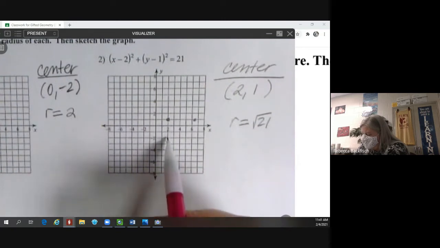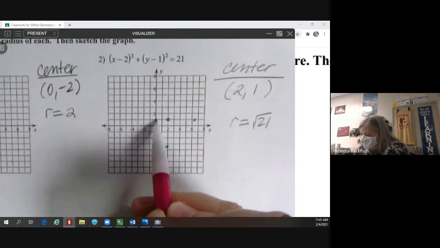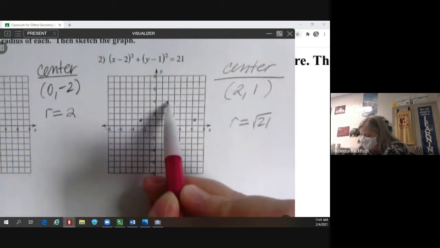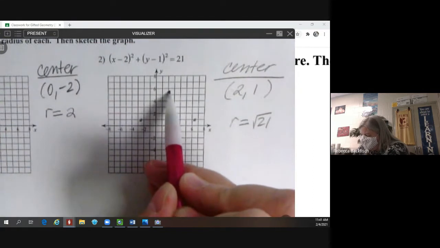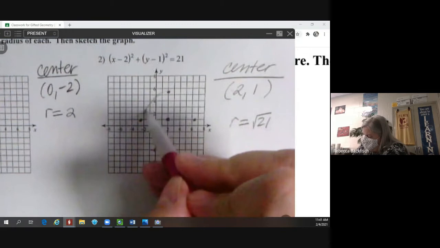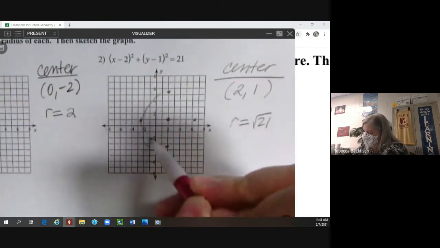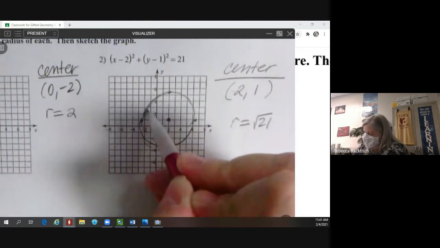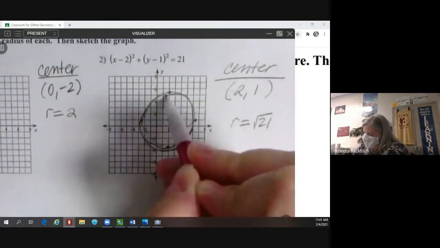1, 2, 3, 4. 1, 2, 3, 4. We can't be real precise with decimals on a graph, so we just do the best we can.